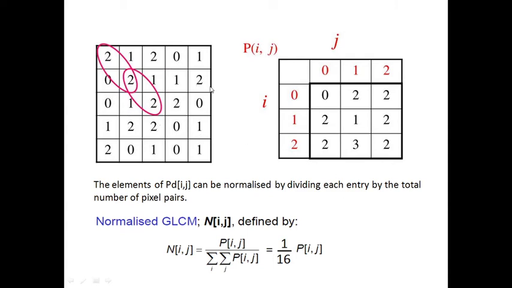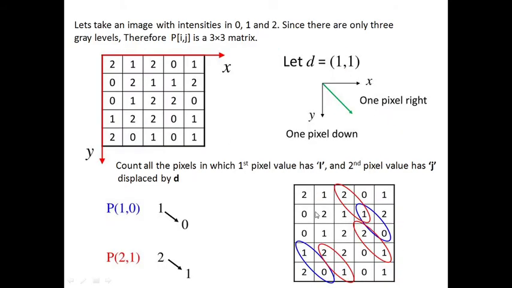No, because nowhere do I have 0, 0 with a diagonal, that means a 45 degrees alignment. So what does this 45 degrees alignment mean? Let D equal to 1, 1. That means I am moving 1 pixel right and 1 pixel down.